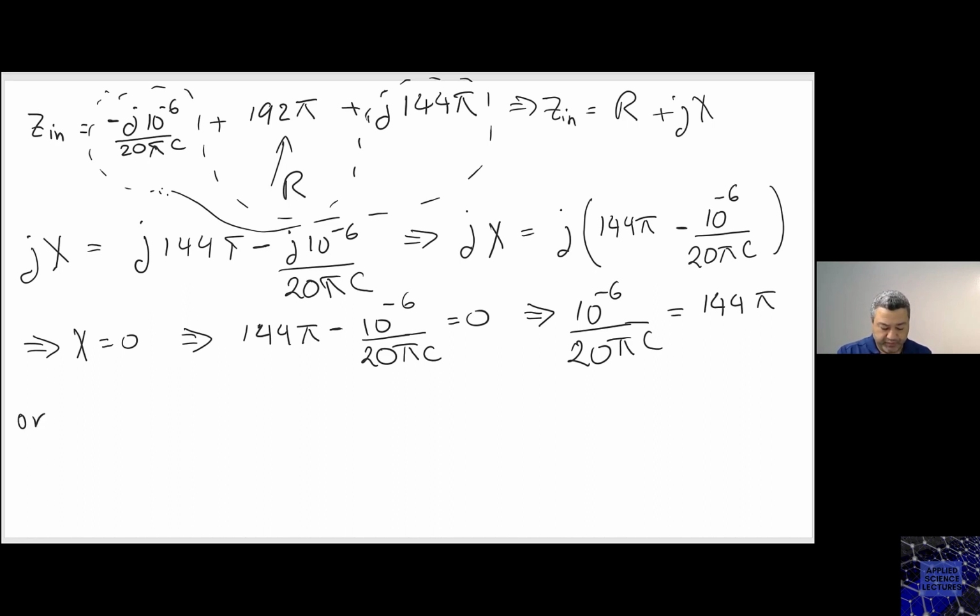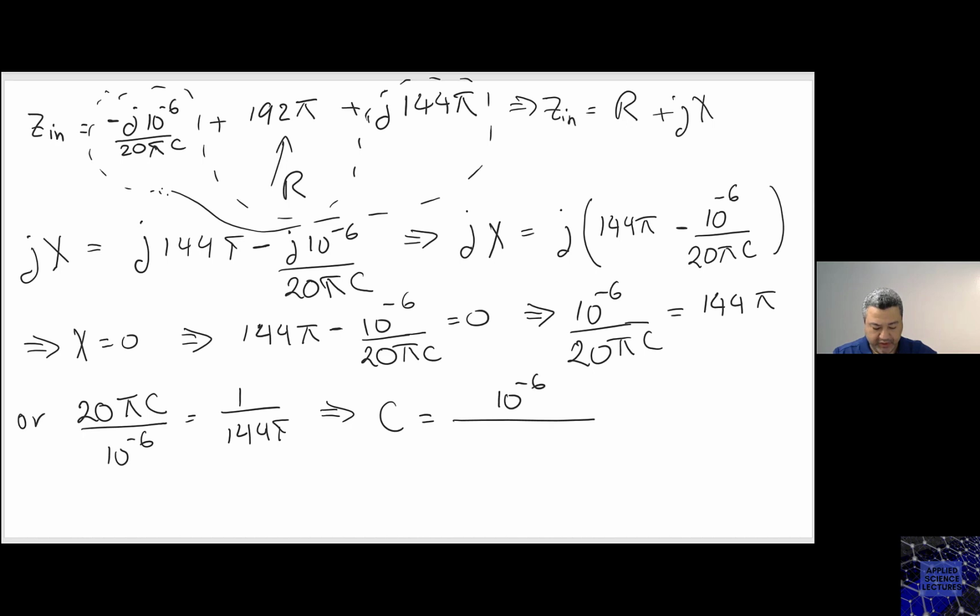Or 20 pi C over 10 to the power minus 6 is 1 over 144 pi, or C equals 10 to the power minus 6 divided by 144 pi squared times 20.